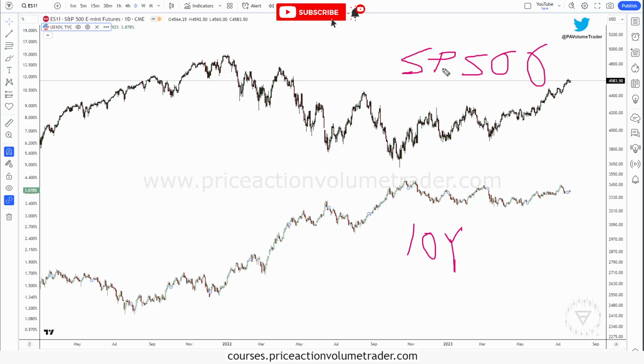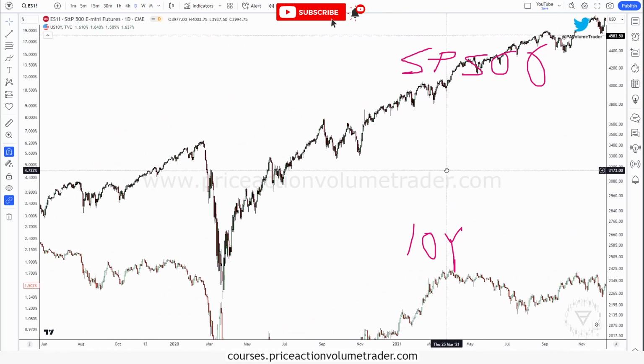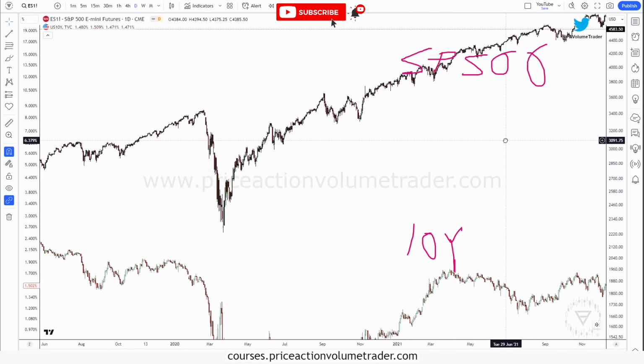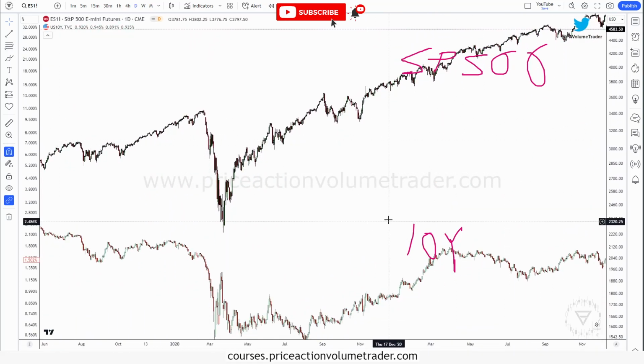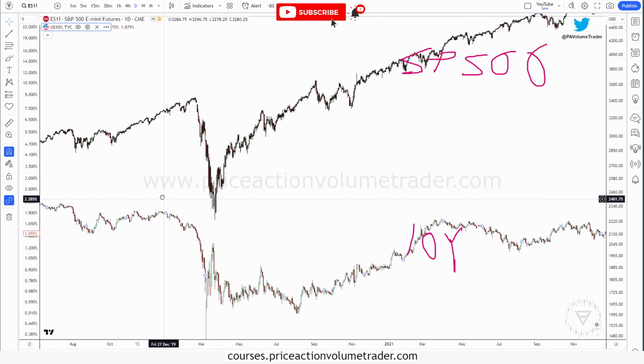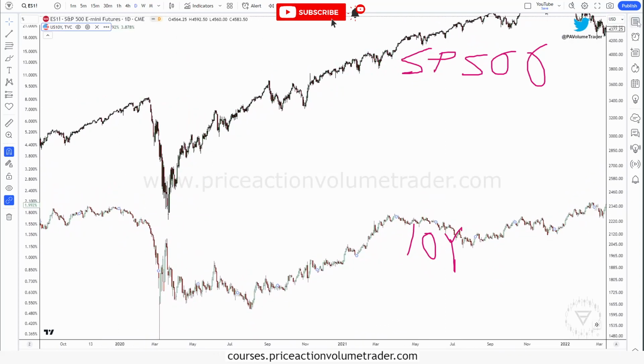So when stocks go up, bonds usually go down. However, we did have a period, like I said, these relationships are not always perfect. And you can see right here, when we had the pandemic, for example, both markets crashed.